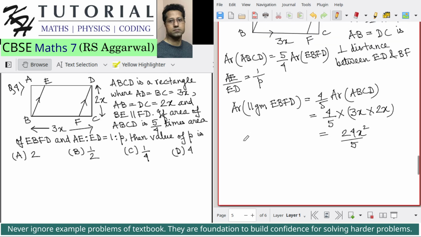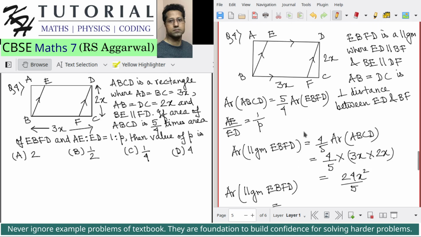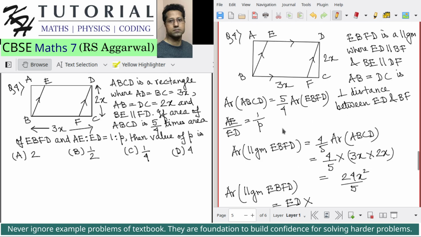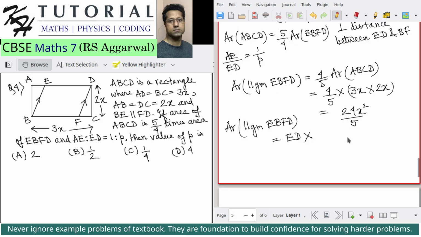Also, from the concept that the area of a parallelogram is the product of base and height, the area of the parallelogram EBFD will be equal to, if we consider the base to be the parallel sides ED and BF, ED multiplied by the perpendicular distance between the parallel opposite sides ED and BF, which is nothing but AB or DC, which is 2x.